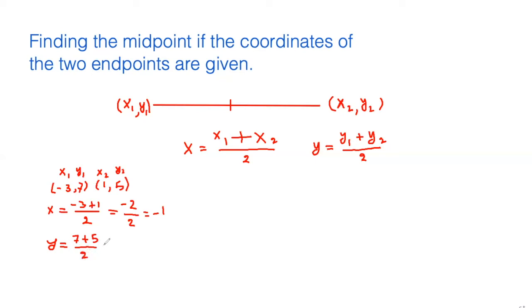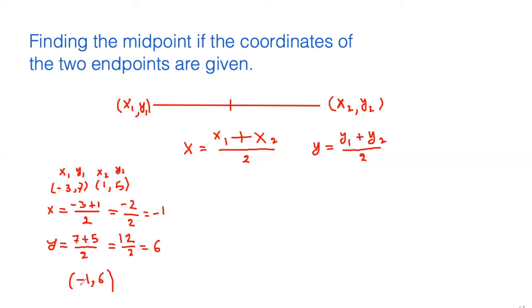So 7 plus 5 is 12, divided by 2 is 6. So the midpoint of these 2 points is -1 and 6. So this is the answer for this problem.